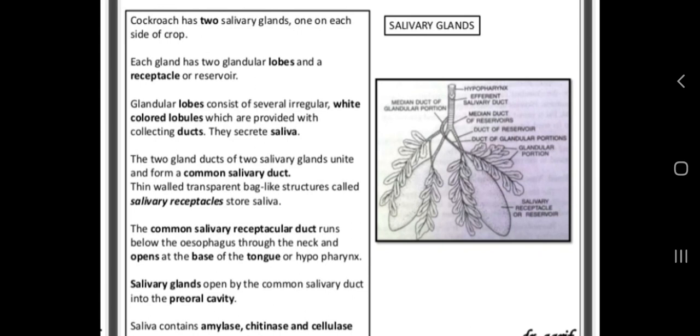Cockroach has a pair of salivary glands present in the thoracic region. These are present on either side of the crop. The salivary gland has two glandular lobes and a receptacle or reservoir.